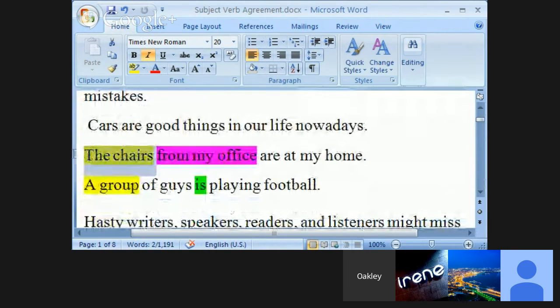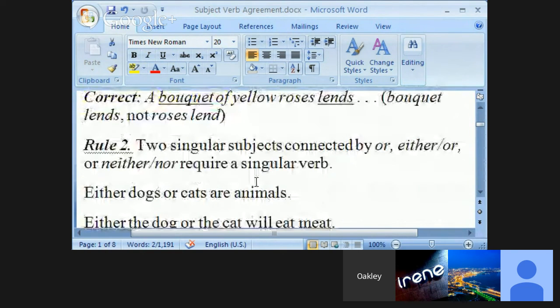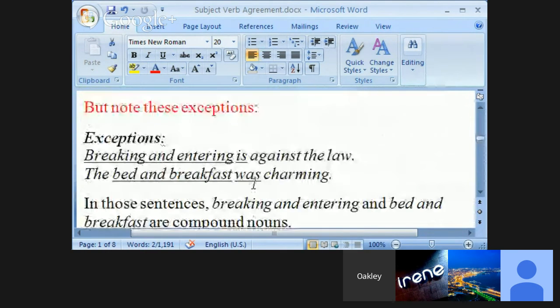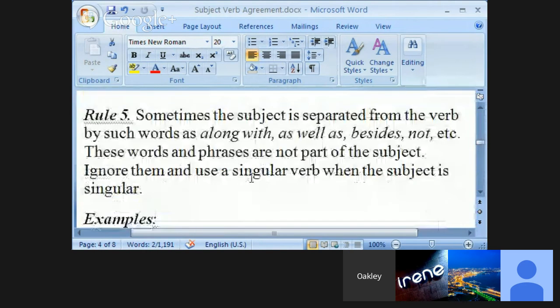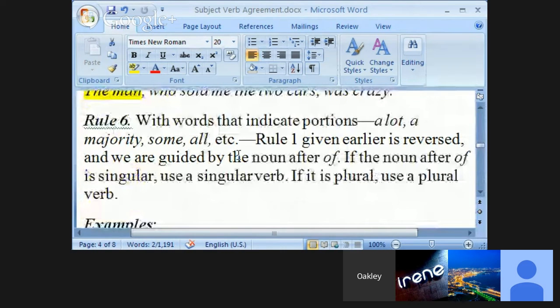The chairs are. We don't concern ourselves with an interrupting prepositional phrase. A group of guys is. A group is. All right, that's what I said. But as it turned out, I lied. No, not really. I didn't really lie. But we have to use a different rule.